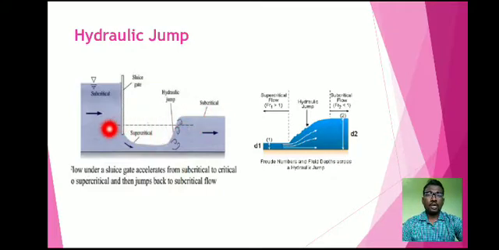The flow under the sluice gate accelerates from subcritical to critical and supercritical, and then jumps back to subcritical. Here we will see some rise. This rise is known as hydraulic jump.